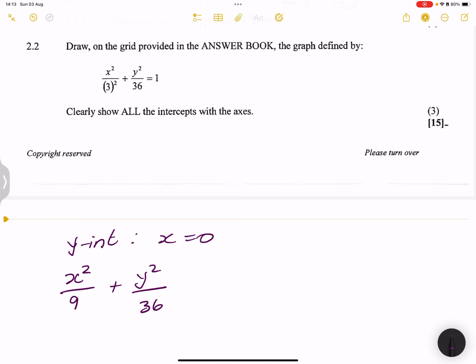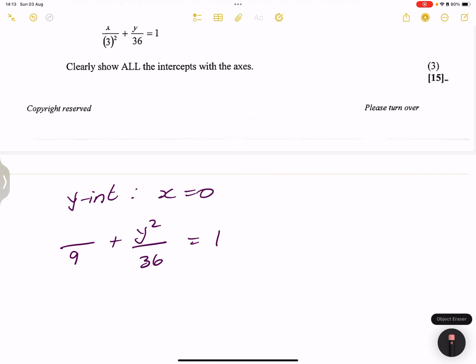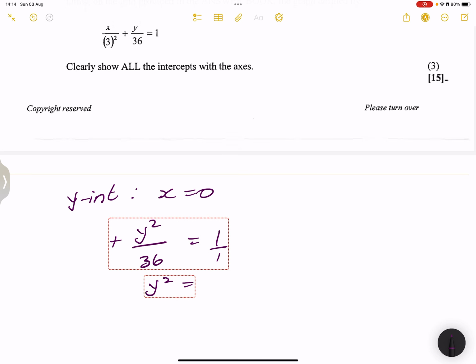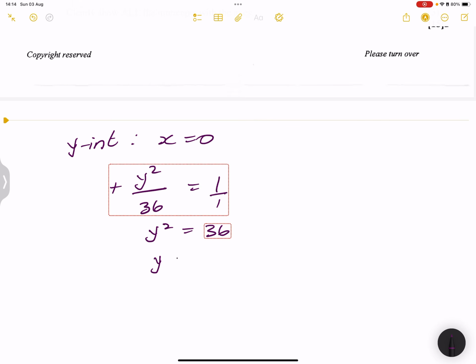But remember we said x is 0, so I'm going to substitute 0 squared there. So meaning this whole term falls off. So I've got y squared over 36 is equal to 1. But we can cross multiply. I'll have y squared is equal to 36, and so that will give us y is equal to plus or minus 6.